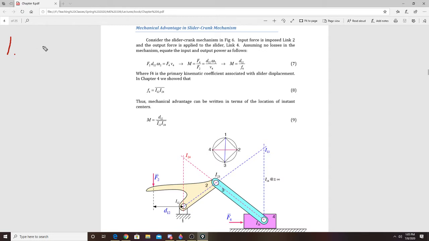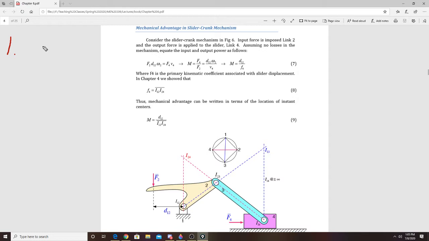So for there to be a mechanical advantage, let's say I need to lift something heavy with a mechanism, and I can't do it myself. The mechanism better be able to multiply my force and make it larger on the output. Or else, if I put in 100 and it gives me 25 out, then I'll never move it, right?